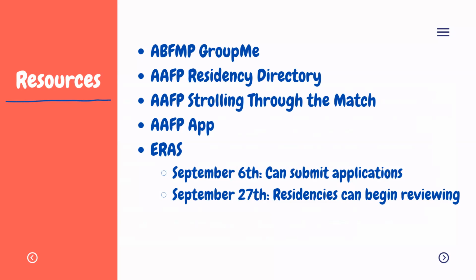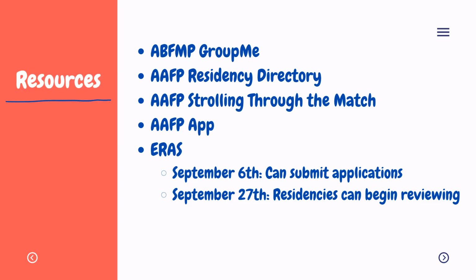The other place I like to use is the AFP residency directory, where they list a lot of the residency programs. The AAMC also has a database, so that might be another place to look for residency programs, to scroll through and see places that might be of interest.